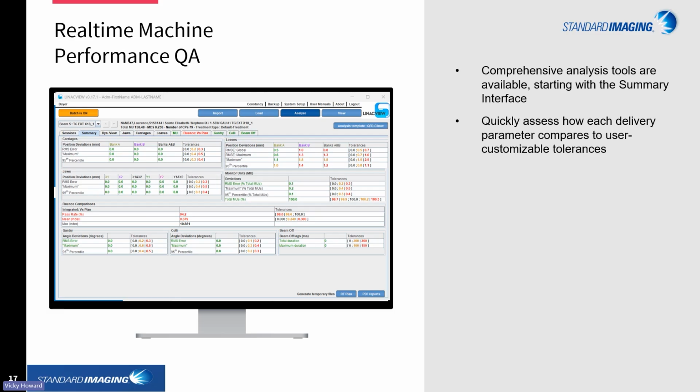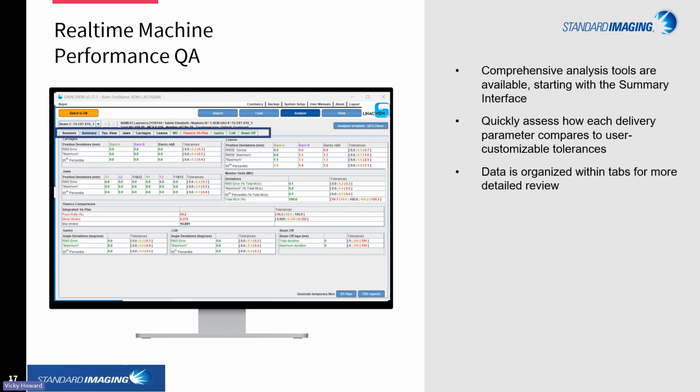And what you want to do is set these tolerances tighter than your Linac, because sometimes the feedback is, well, my Linac will tell me when something's wrong. Well, yes, it will, and it will fault out, and maybe your Linac will go down. And so you want to be proactive with this information. So you want to come up with a set of tolerances that are tighter than your Linac, so you're able to catch these issues before they start giving hiccups on your machine or bring your machine down.